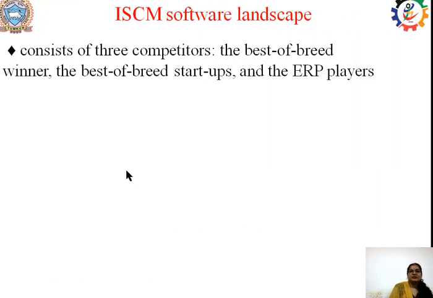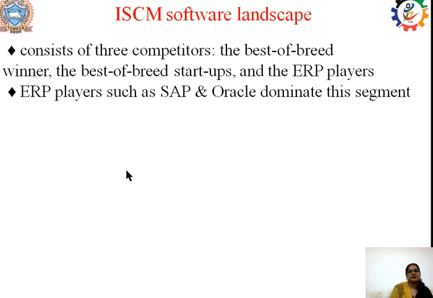So once again, here the landscape consists of three competitors: best of breed winner, startup, and ERP players. I already told you, when I say ERP players, what should come to your mind is SAP and Oracle.